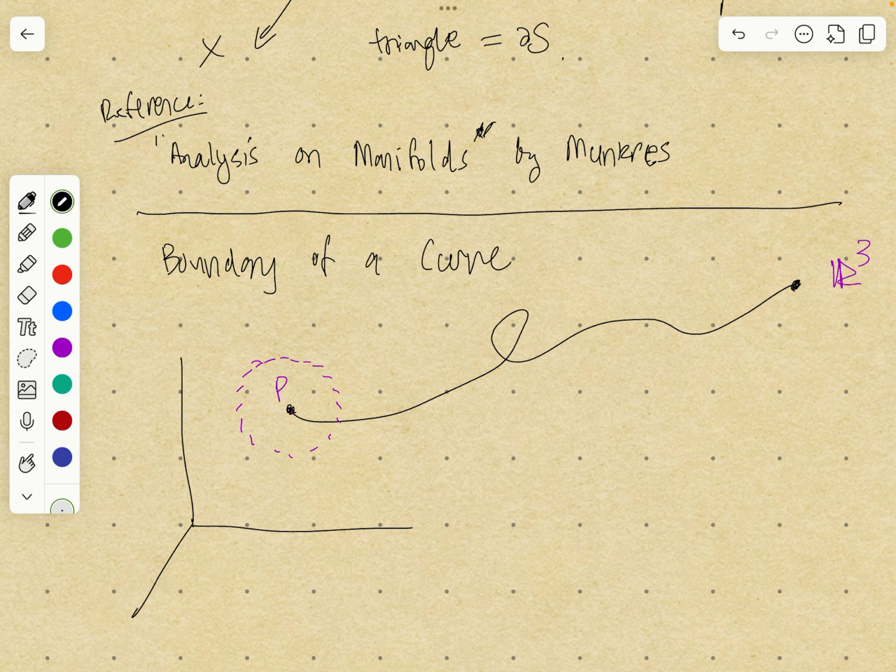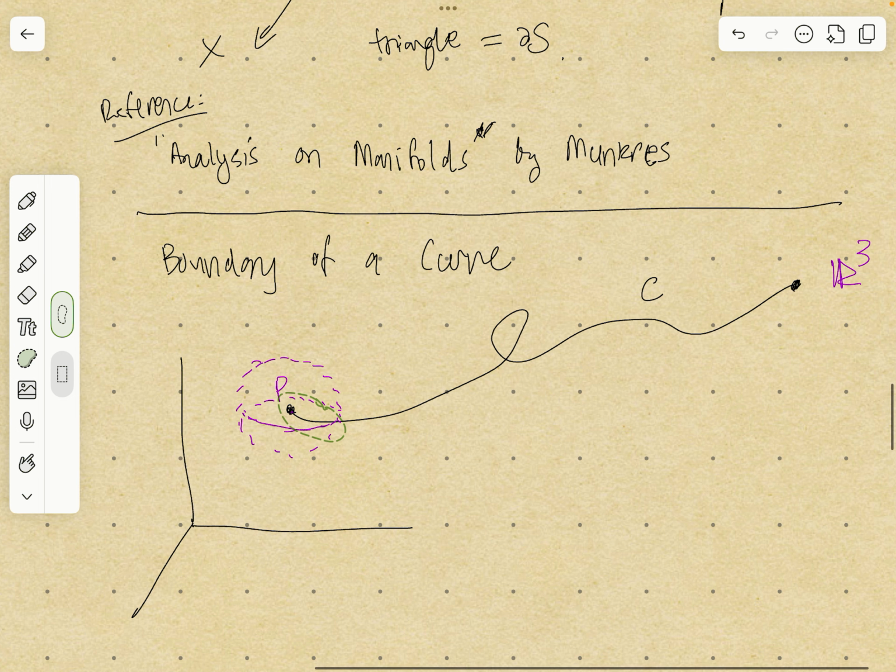And you look at a ball of some small radius centered at P, and then you look at the points that are on this ball, right? So you have this ball, you look at the points that are maybe a distance less than 1 away from P, that are on this curve. Let's call this curve C. Well, that's going to be this piece here.